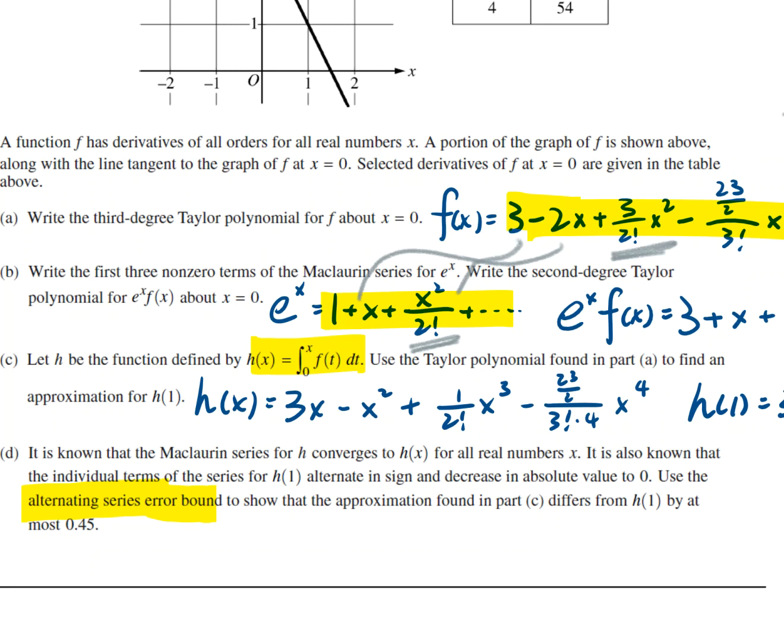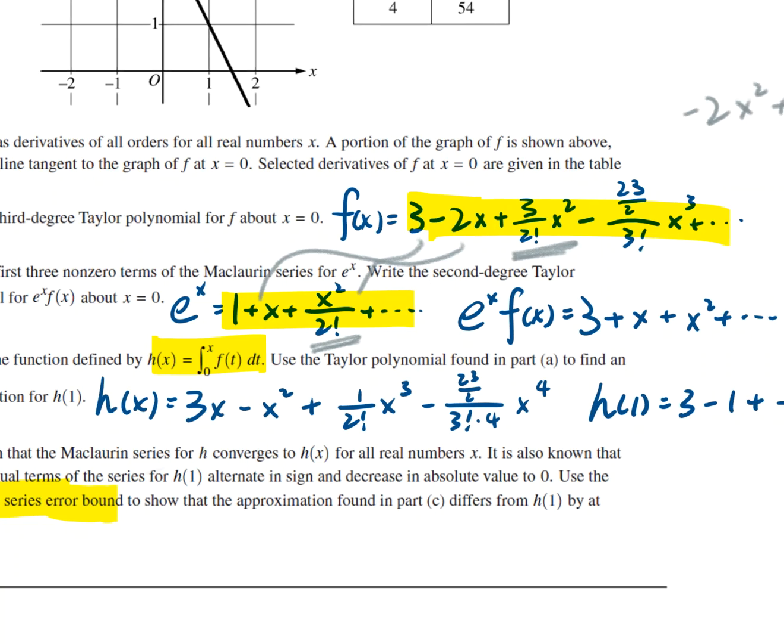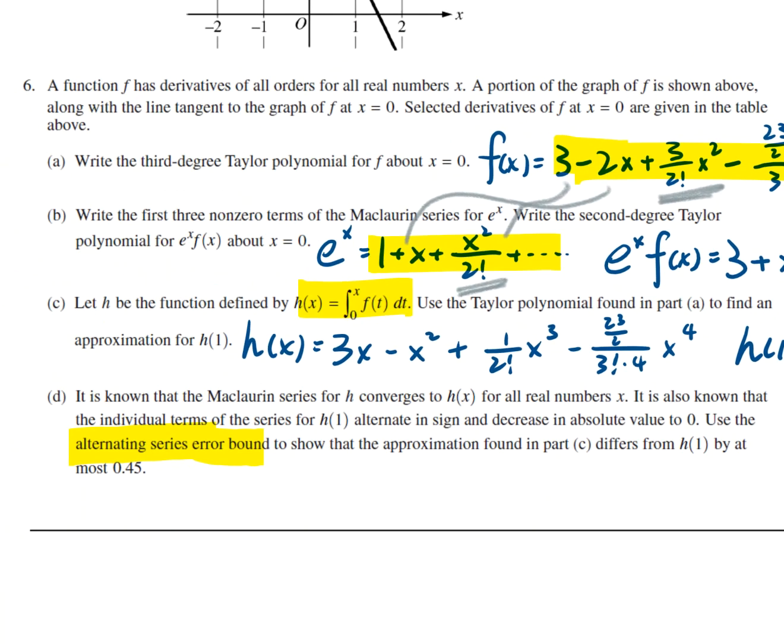So for the alternating series error bound, we have f of x to its 1, 2, 3, 4th term. In order to find its error bound, we need to find the next term in the alternating series, and the error will be smaller than the next term. So now we have 4 terms, and in f of x we want to find the 5th term.